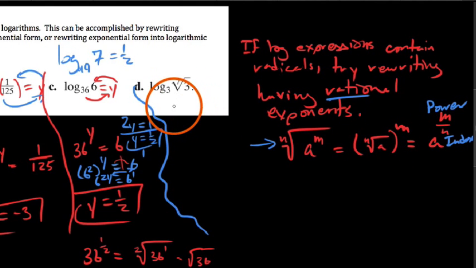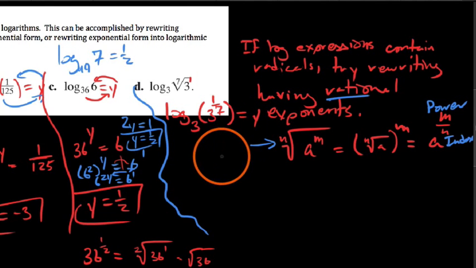And so when we rewrite this one here, we'd say log base 3 of the 7th root of 3. I could say that this is the same thing as log base 3 of, now rewriting this, 3 to the first power, 7th root. So we get log base 3 of 3 to the 1/7 power right here. And so if we were to rewrite this now, what does that equal?